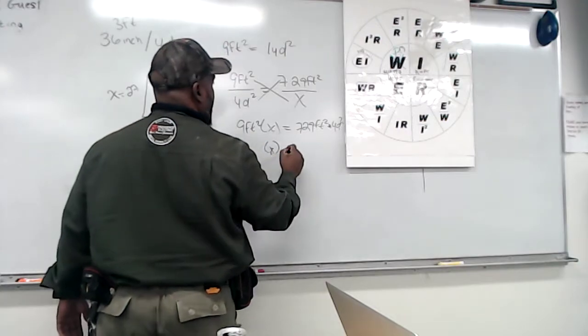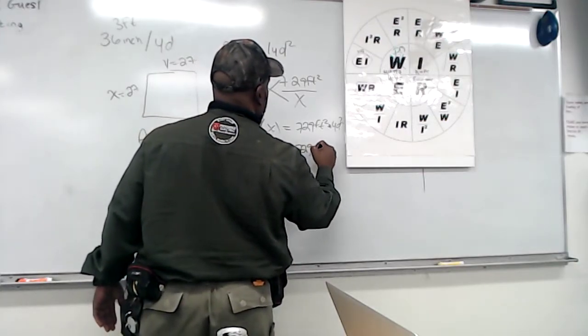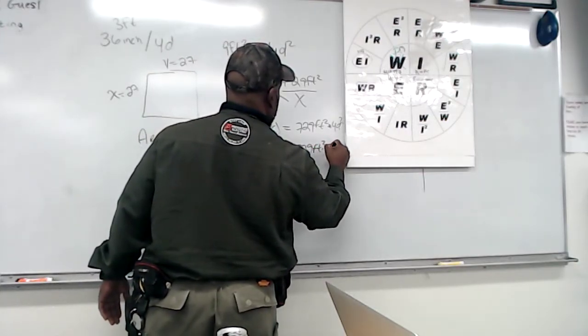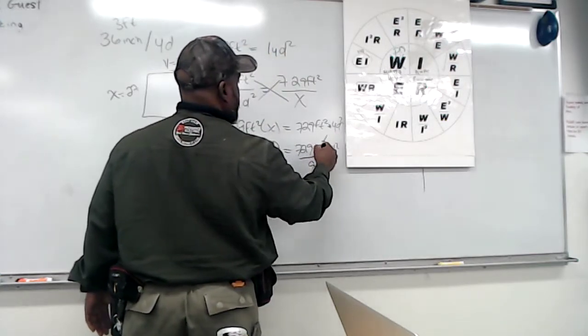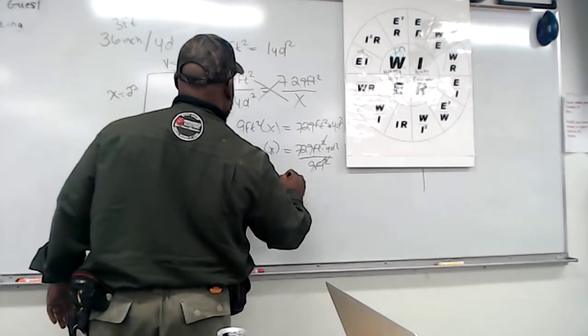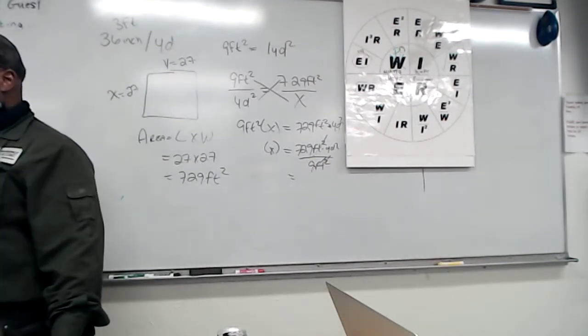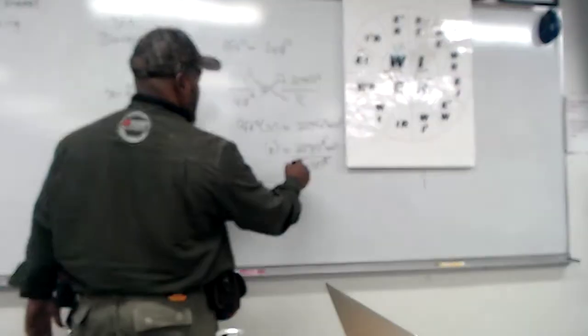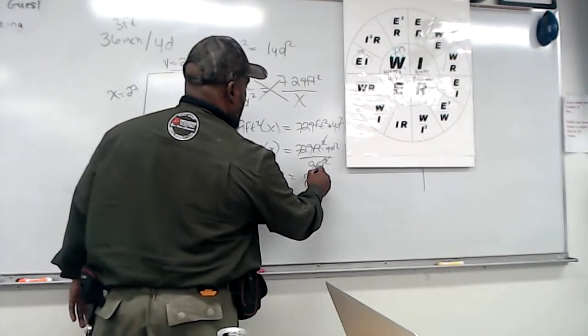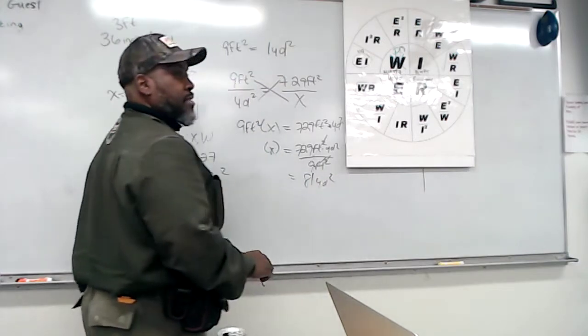Divide both sides by 9. The feet will cancel, leaving yards. What's the answer? 81? 81 yards square. Questions?